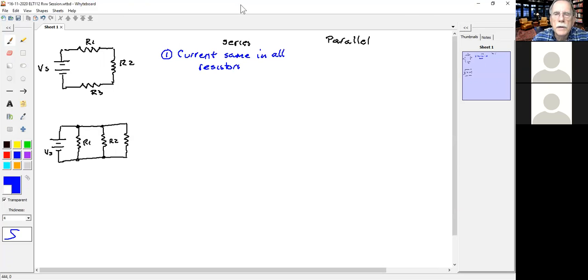In a parallel circuit, current is different in each resistor. And we have to put the caveat unless all resistors are the same.